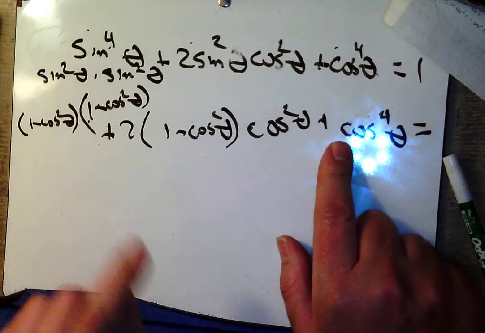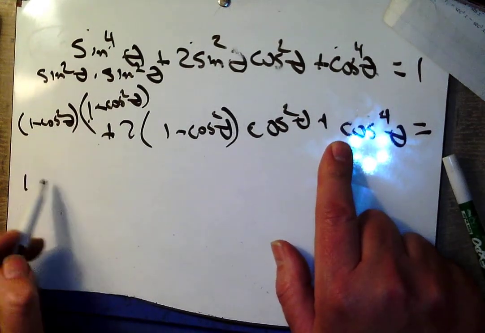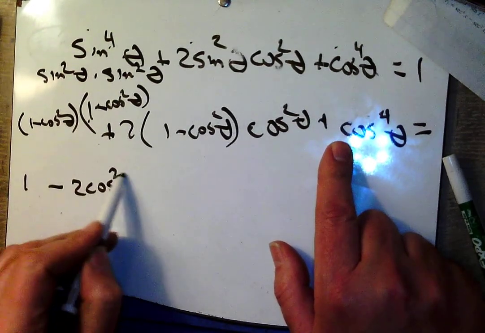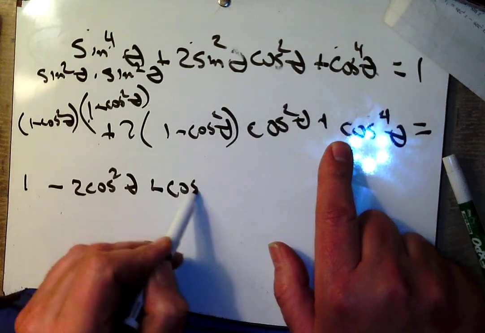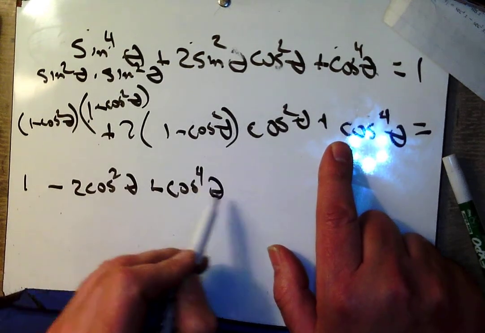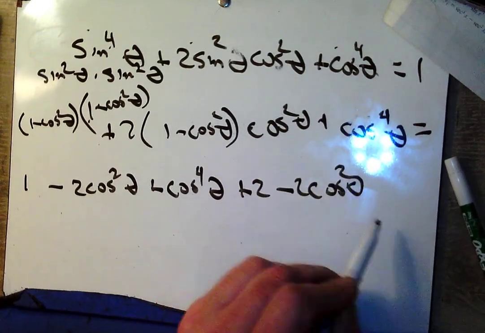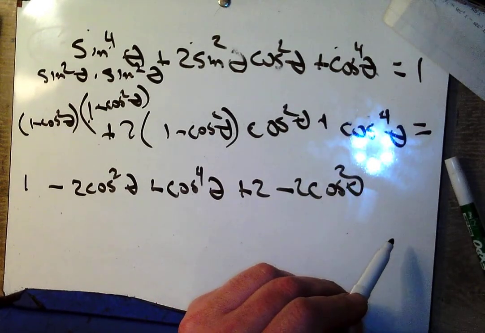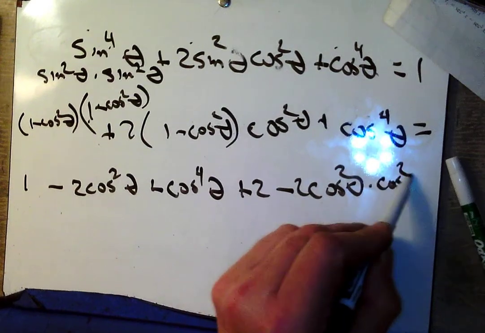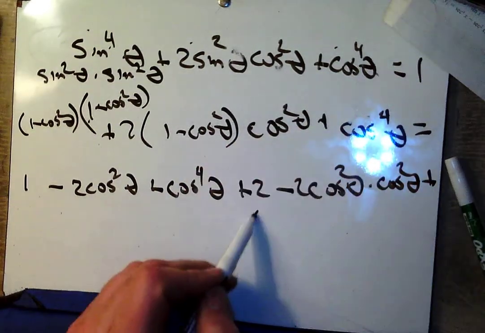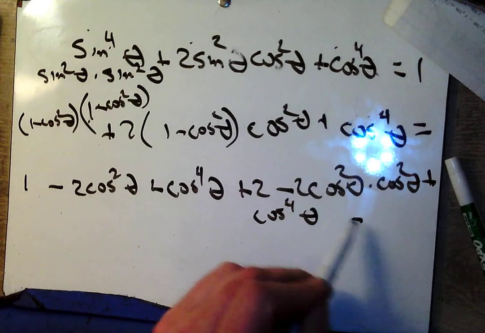So 1 minus 2 cosine squared plus cosine to the 4th plus 2 minus 2 cosine squared times cosine squared plus cosine to the 4th.